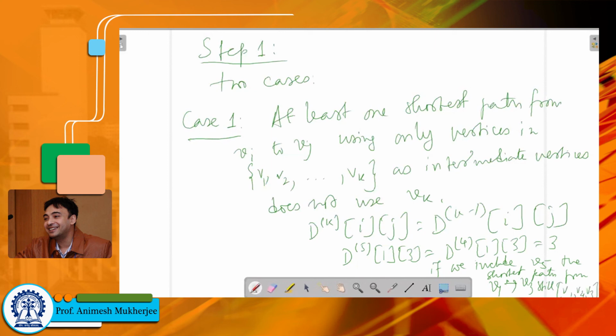So nothing gets added extra if you include V5 as one of the intermediate vertices. So this case is an easy case where d^k_ij is equal to d^(k-1)_ij. Now the case 2 is a little bit more tricky.